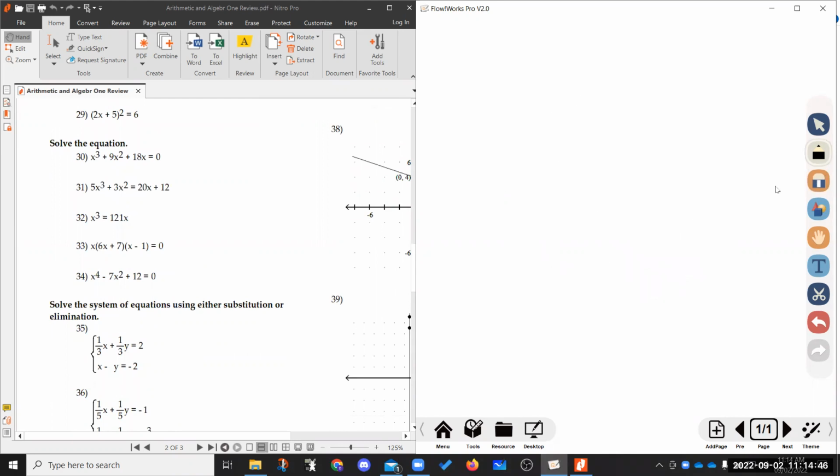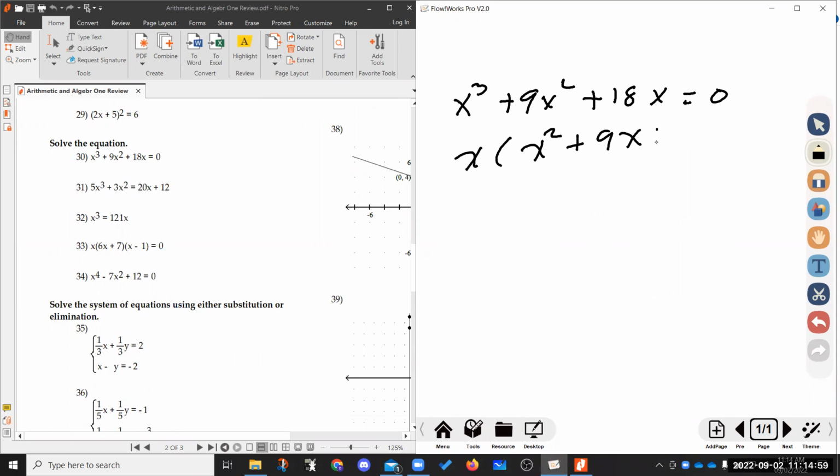Let's solve the equation x³ + 9x² + 18x = 0. We're going to factor out the GCF of x first. Then we have x² + 9x + 18.